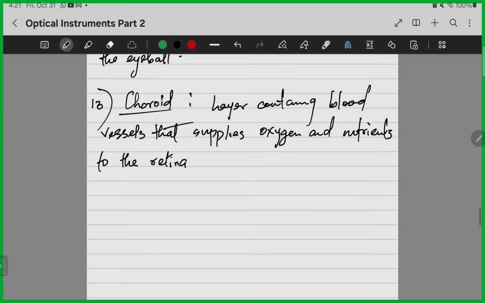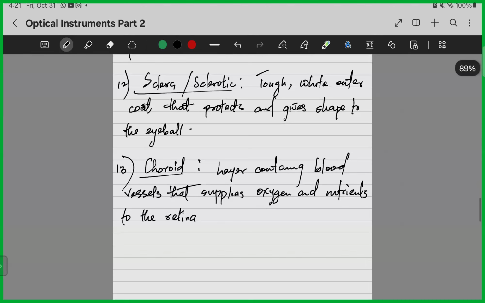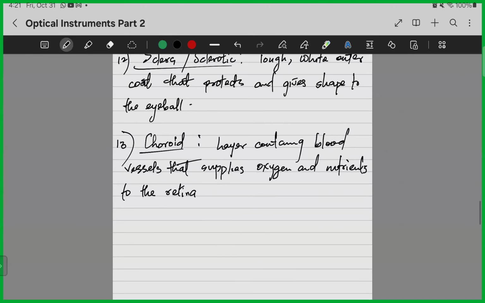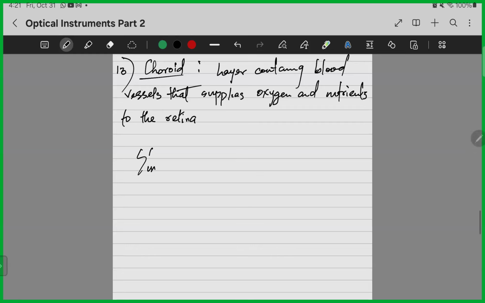So now we have listed the important parts of the eye, and I'll be bouncing straight into the similarities between the human eye and camera.